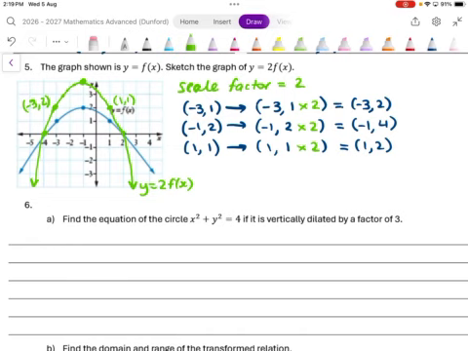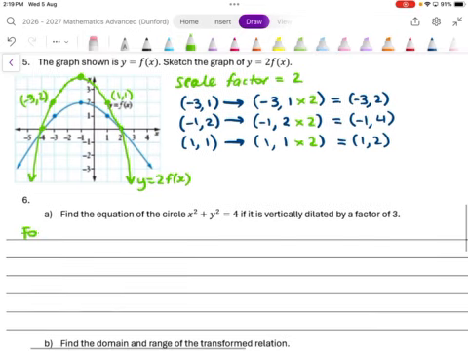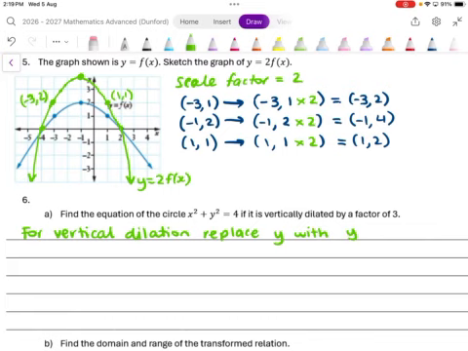So example 6, what we have to do is find the equation of the circle x squared plus y squared equals 4 if it's vertically dilated by a scale factor of 3. So for a vertical dilation, what we are going to do is we replace y with y on k.